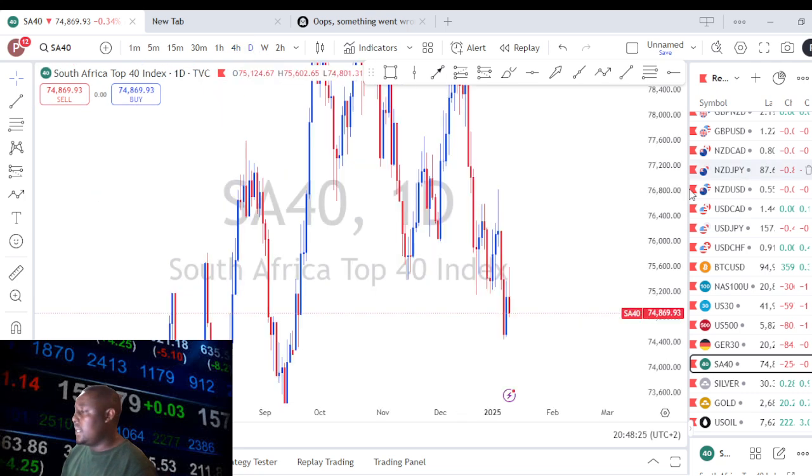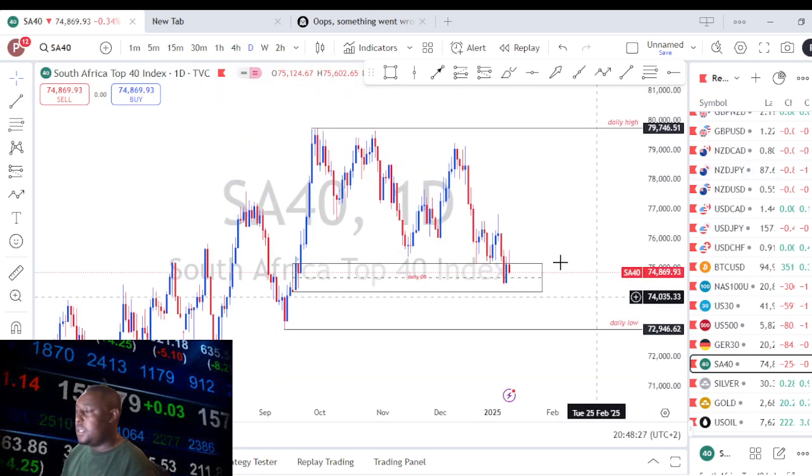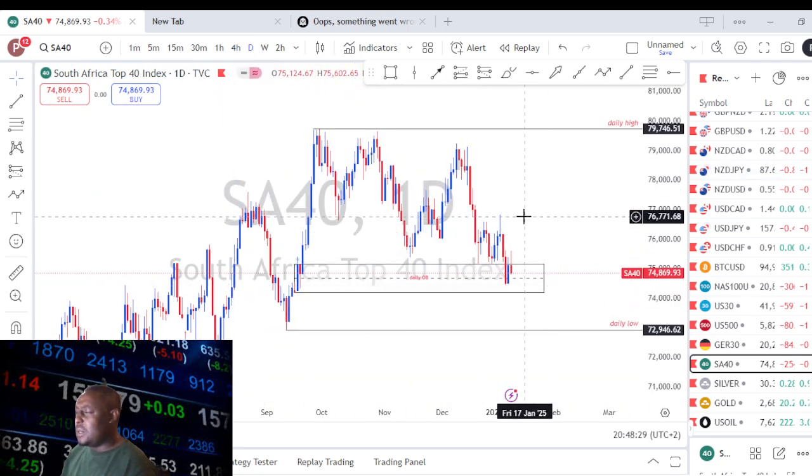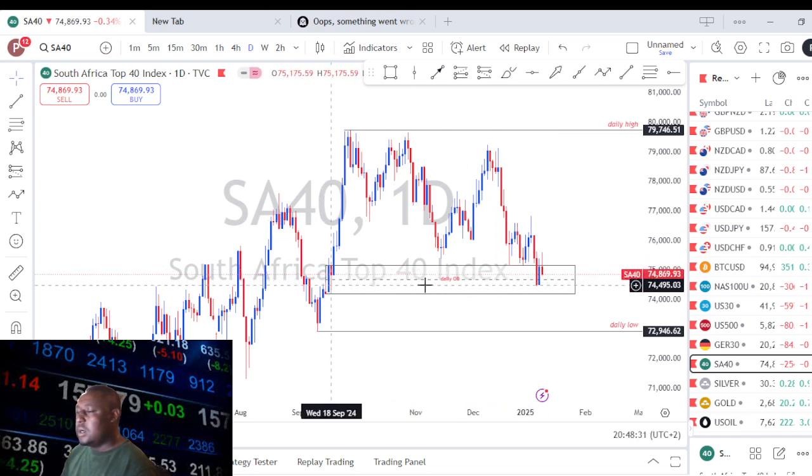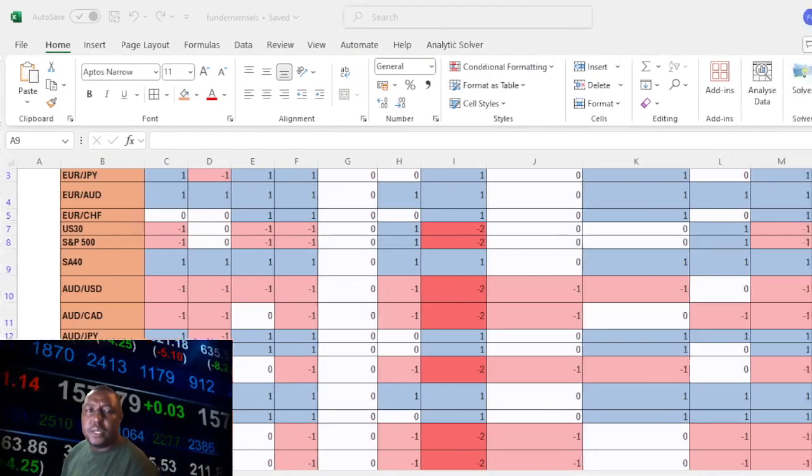So for JSE Top 40, I'm looking for longs as long as we are holding this daily order block and my fundamentals are telling me it's a strong bullish momentum for JSE Top 40.